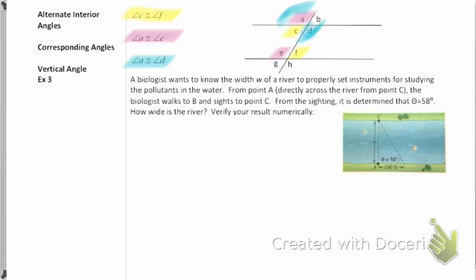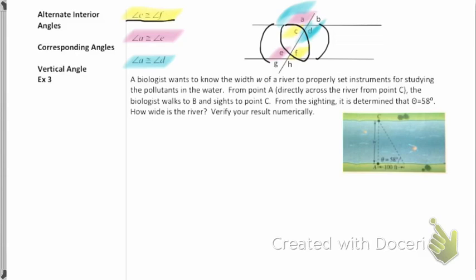So this over here is alternate interior angles because angle C and angle F are alternating and they're inside this space, which is interior. Interior basically means inside.